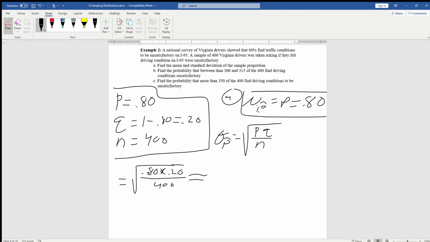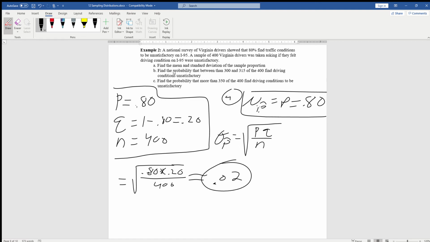I'm just going to throw this into the calculator. Again, you should probably do this as well, just to make sure that you can do it. And I wound up with exactly 0.02. Okay, so we're going to hold on to both of those. So we have 0.80 and 0.02.